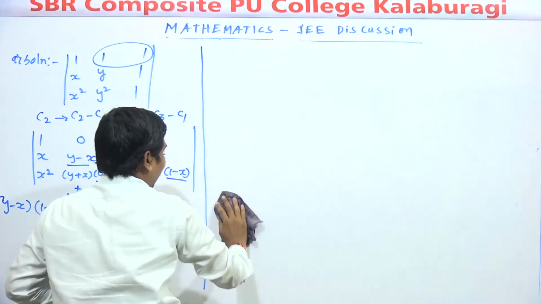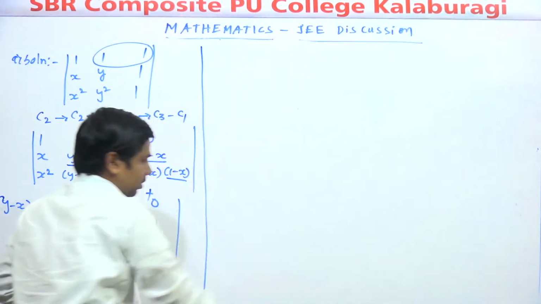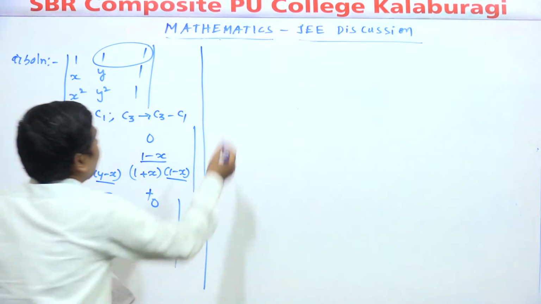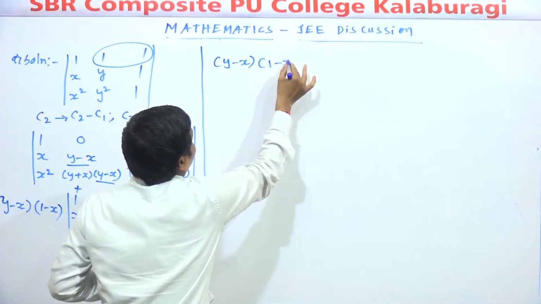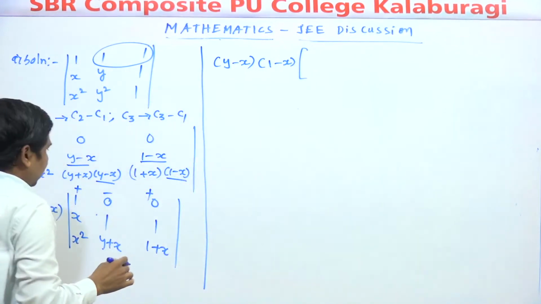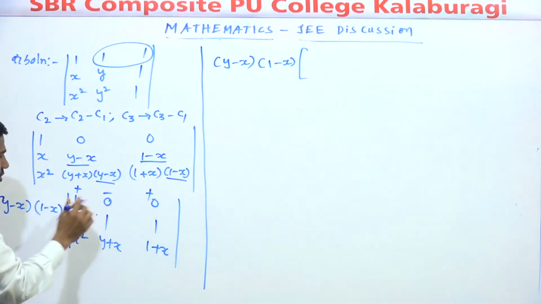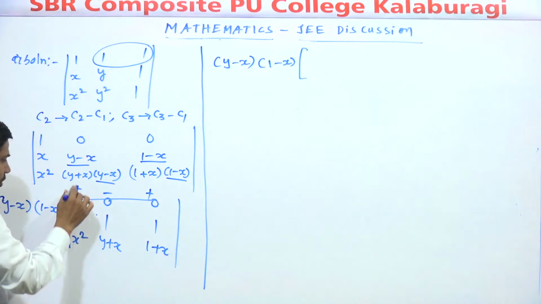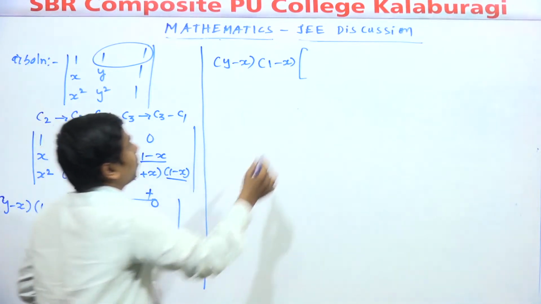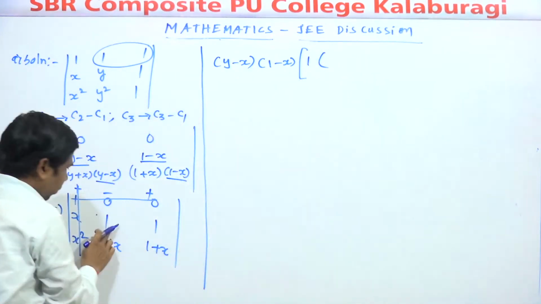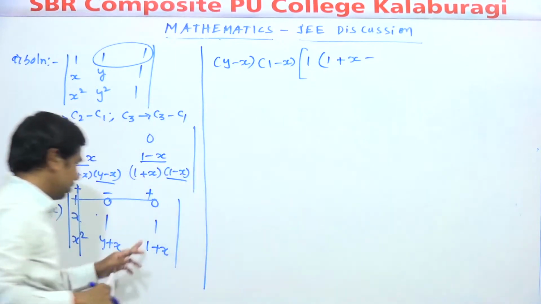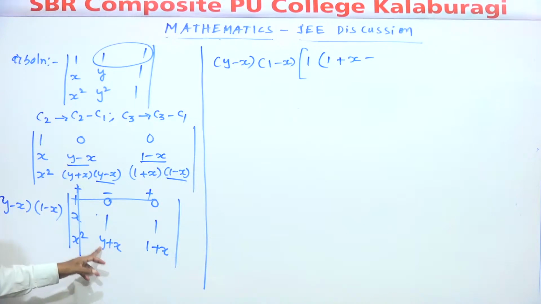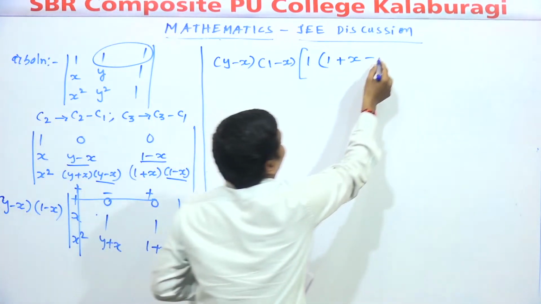Expanding along R1. (y − x) into (1 − x). Minus 0 into a number plus 0 into a number is 0. So suppressing first row, first column, 1 into (1 + x) is 1 + x, minus 1 into (y + x) means minus x minus y.